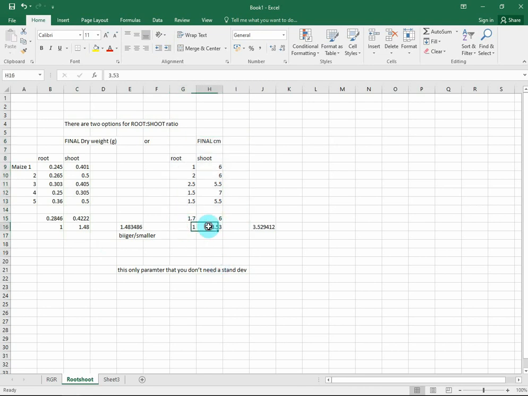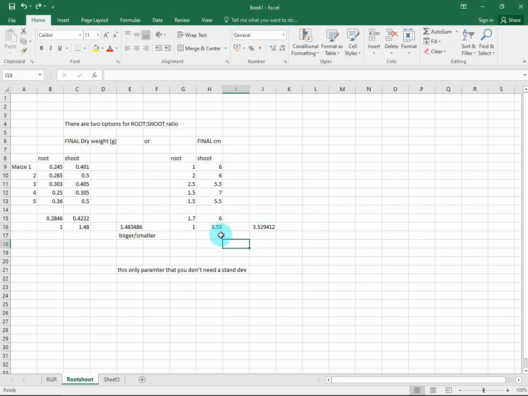This is just saying that here, same process. This is the average. And this is, again, I did it the bigger divided by the smaller. So I've got 1:3.5.